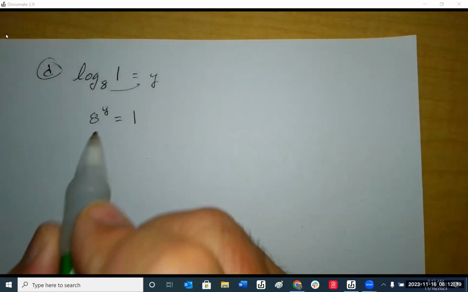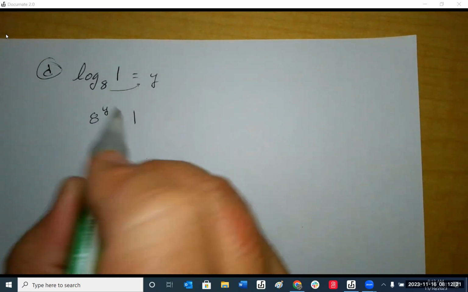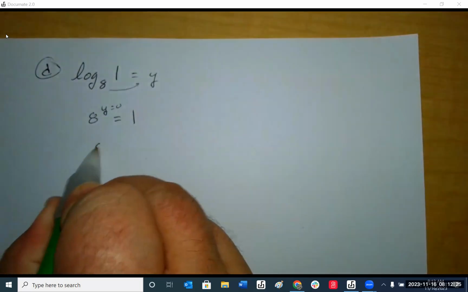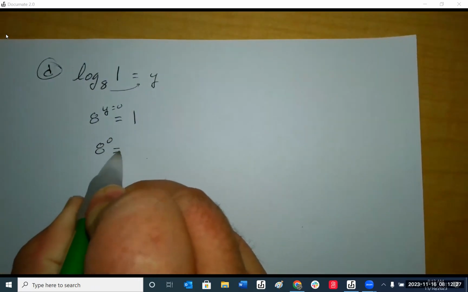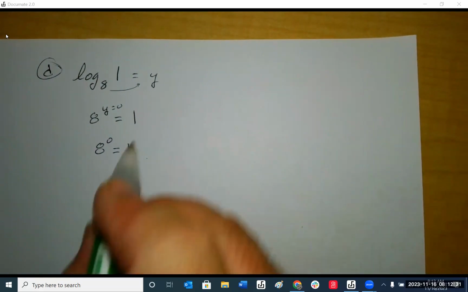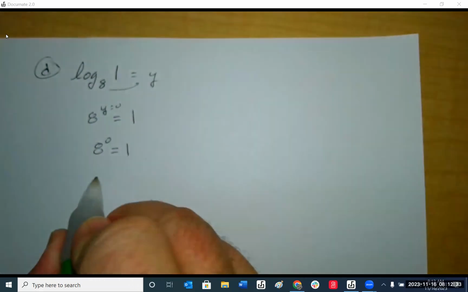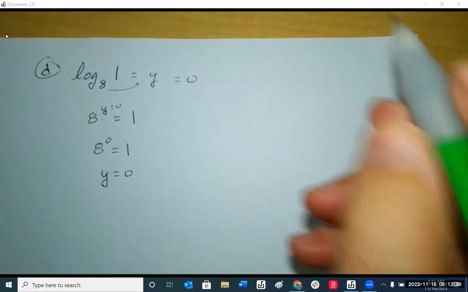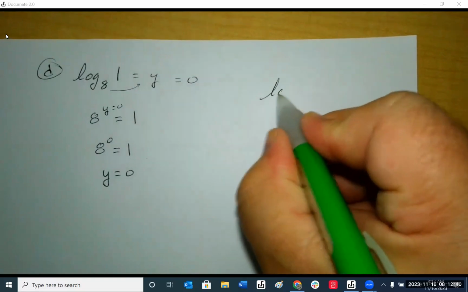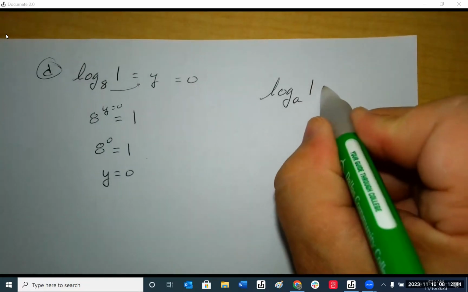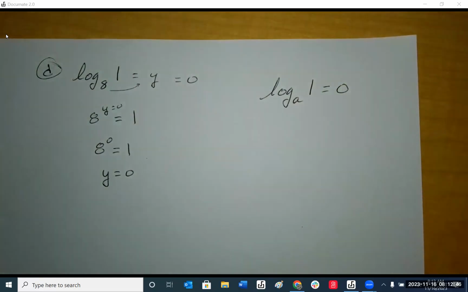The only way that could be possible is if y is equal to 0. Anything to the power 0 is equal to 1. So y is equal to 0, which is a property. Log of 1 is always going to be 0.